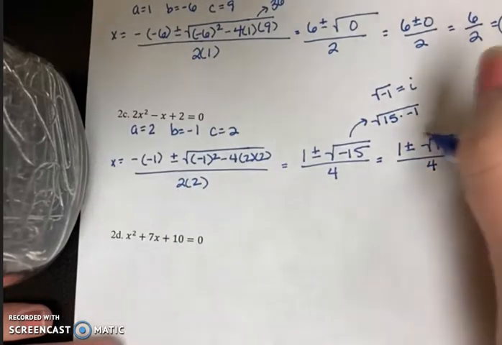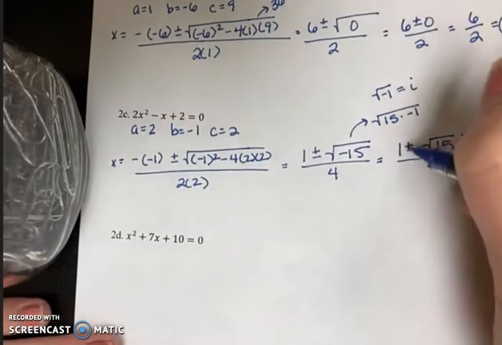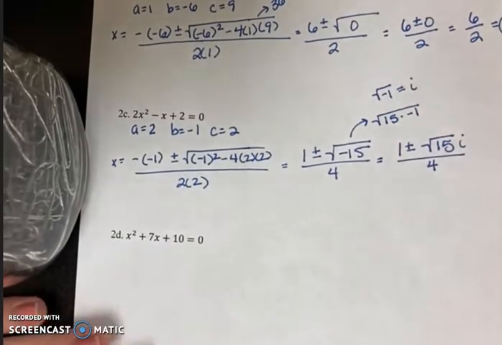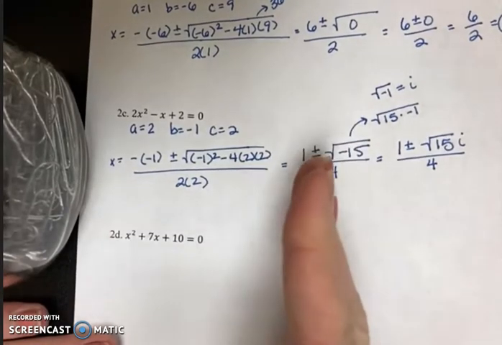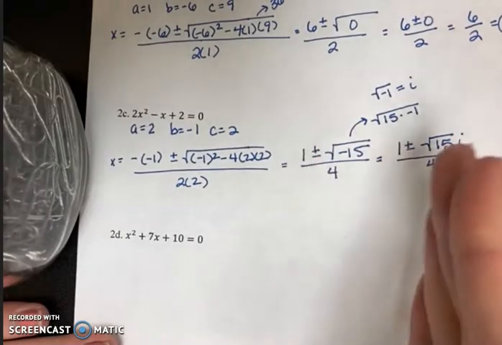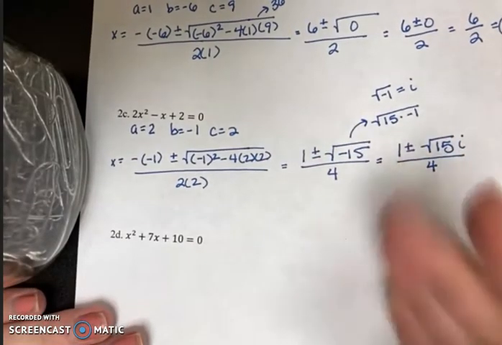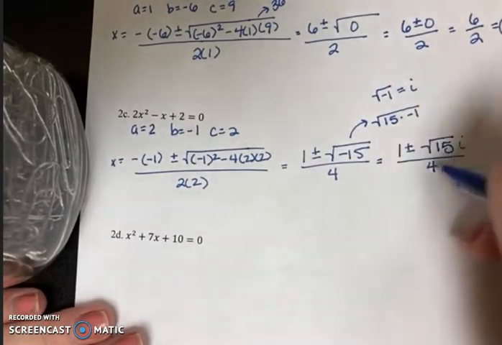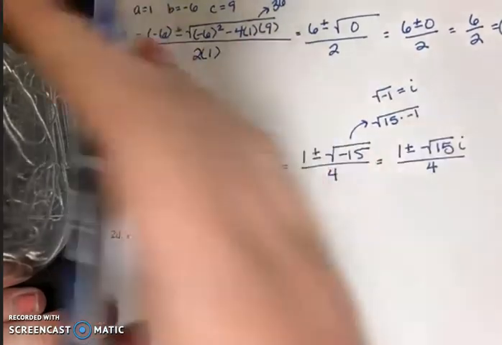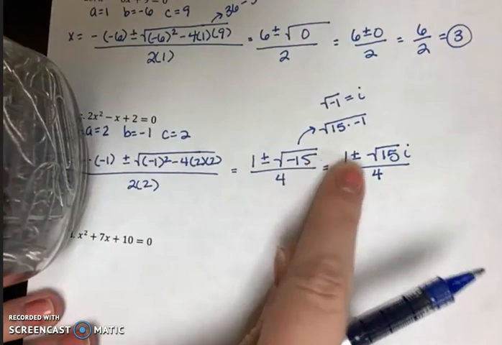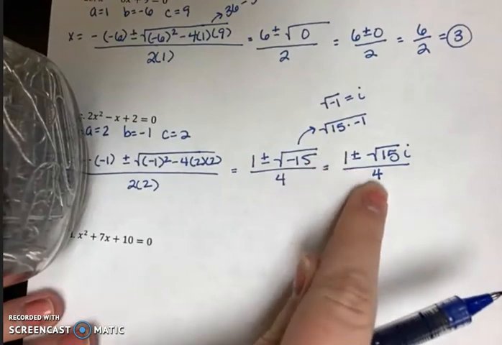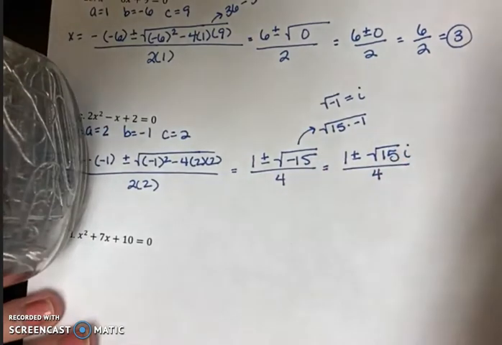This is a complex number because I have a real and imaginary portion, and we like to write it as the real number first and then the imaginary number second. I do have it written in that form. However, you may want to go one step further and split it up. This is 1 divided by 4 and root 15i divided by 4.